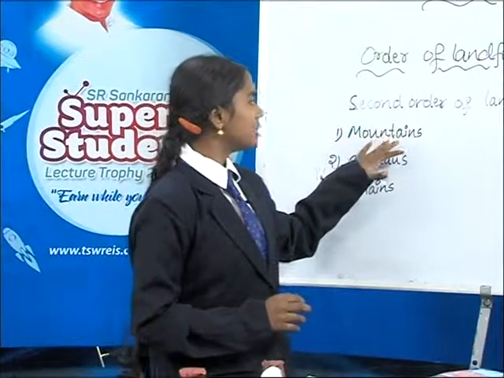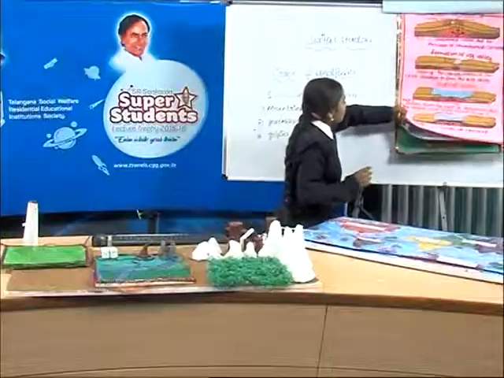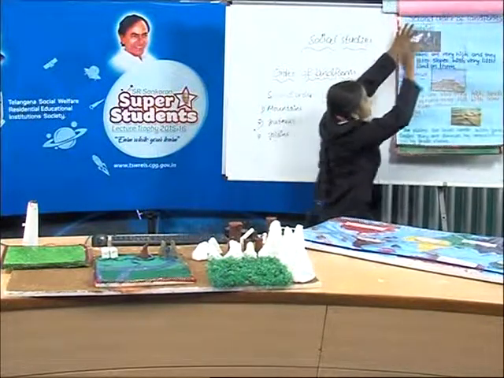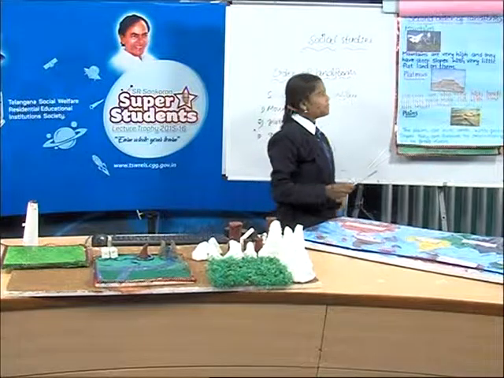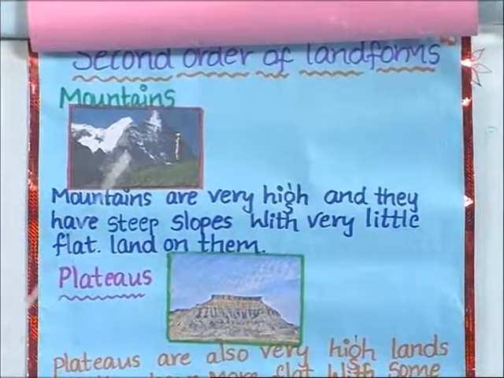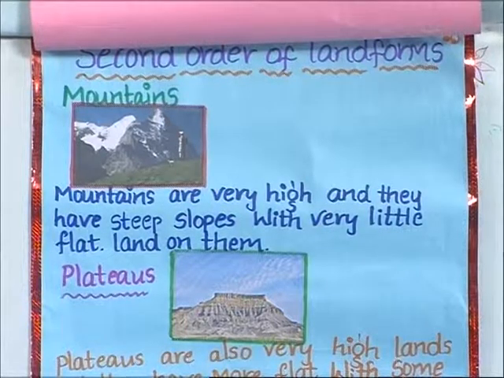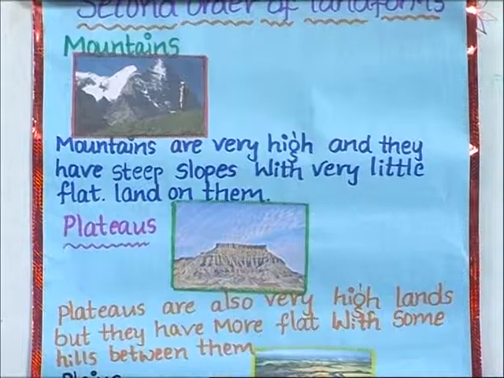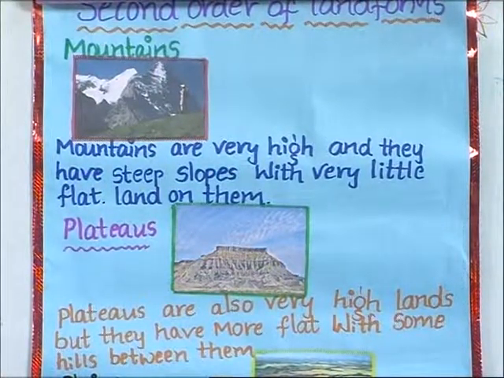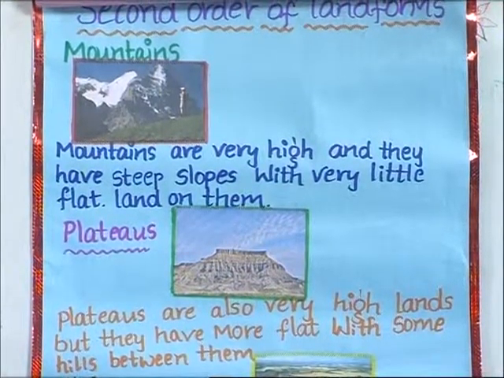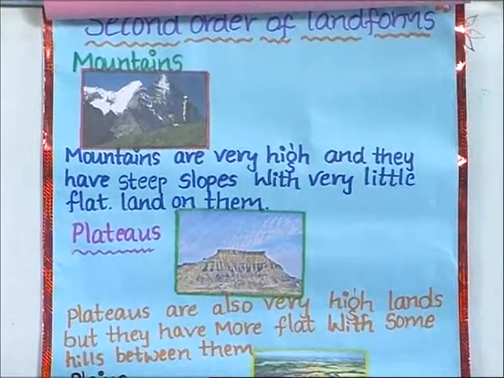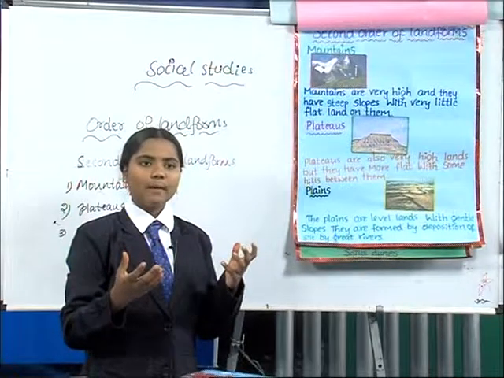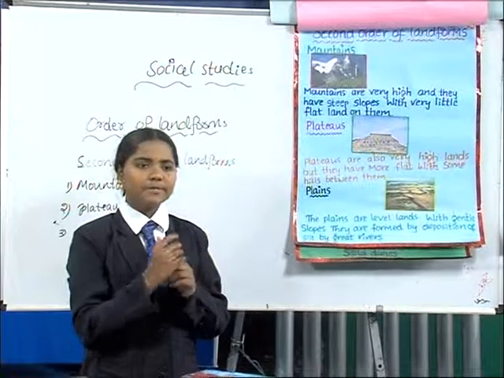See here, these are the second order of landforms. Friends, see here, these are the mountains. The formation of the mountains depends on the movements of the plates. Friends, are you following me? So by that, we already learned about the formation of the continents due to the plates.